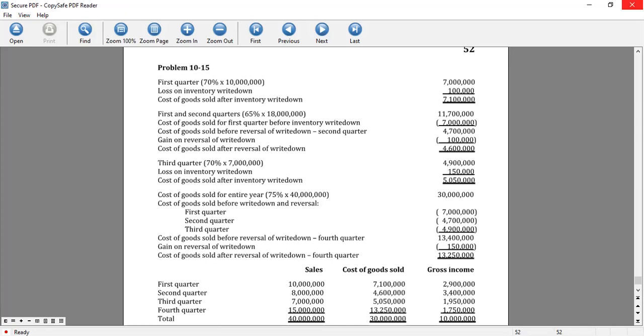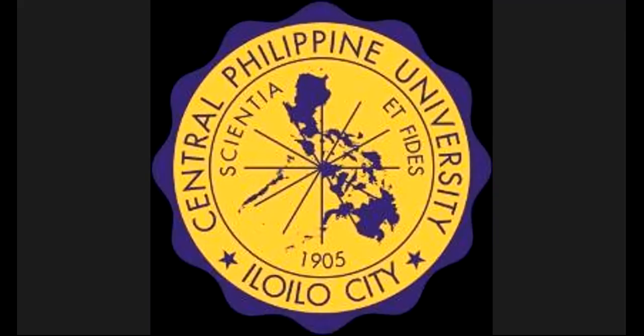Okay. So we have now to compute for the cost of goods sold for each quarter, and the second is compute for the gross income for each quarter. So we have now the typical gross profit rate, the actual gross profit rate at the end of the second quarter.